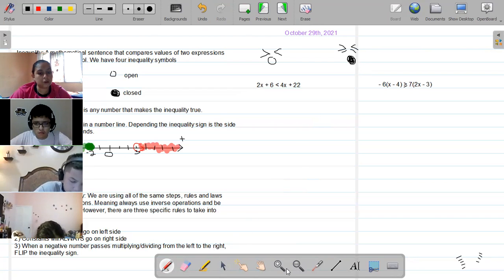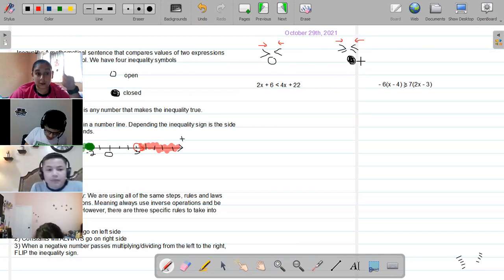Okay, now how do we know to which side we're going to paint? According to the arrowheads, we're going to paint to the right if it's greater than or equal. And we're going to paint or shade to the left if it's less than or equal. You can see it resembles the arrowhead. Take that into account since that's the very first thing that we're going to determine.